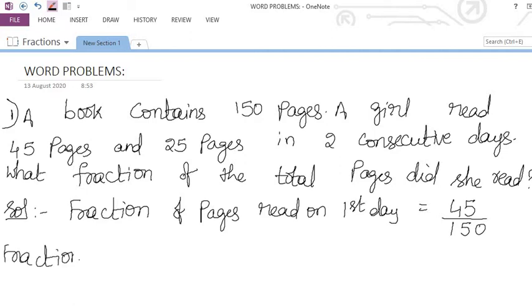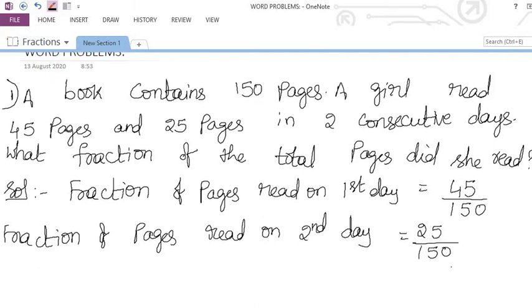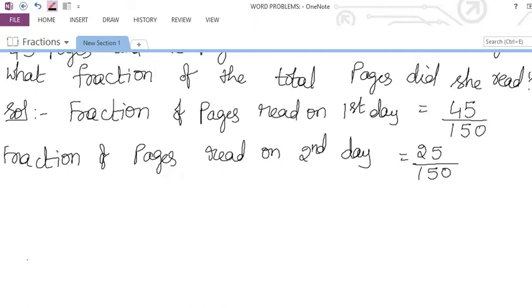Now second step, fraction of pages read on second day is equal to 25 pages she read, out of 150 pages. So what they asked: fraction of total pages did she read.